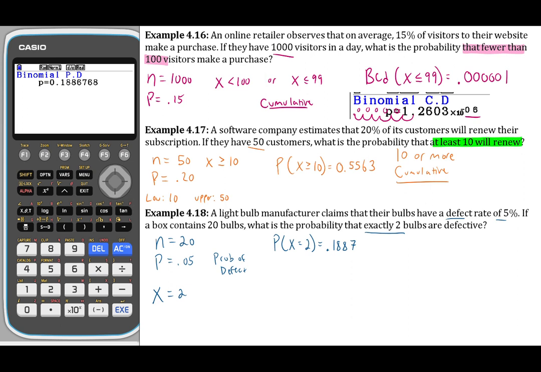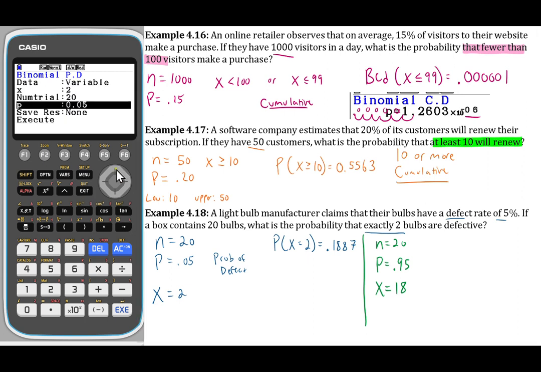So a second way that we could look at this is to say that the probability of success would be to get a non-defective light bulb, or a good light bulb. Which, if they have a defect rate of 5%, that means that 95% of them are good or non-defective. And in that case, we would want 18 to be good or non-defective. And I'll show that this is going to end up giving us the same outcome.